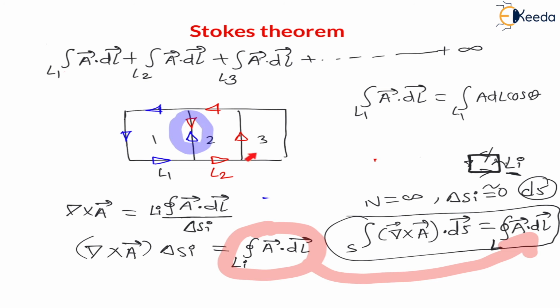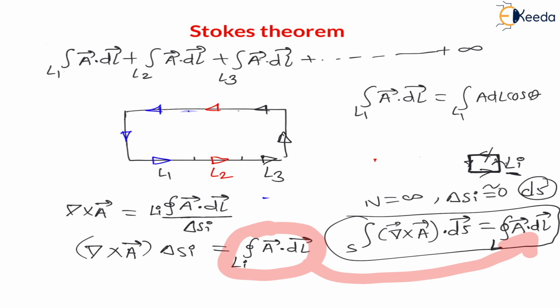Similarly, draw for the third, same sense we have to keep here, third surface L3, same sense, anti-clockwise direction, right? Now my dear students, again look at the internal element, again this upward will cancel downward, means internal paths we can directly delete.